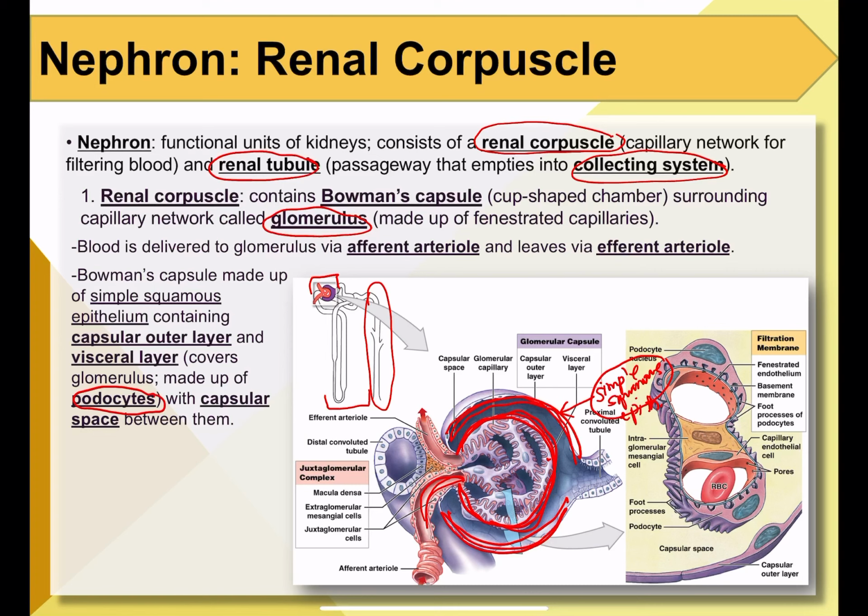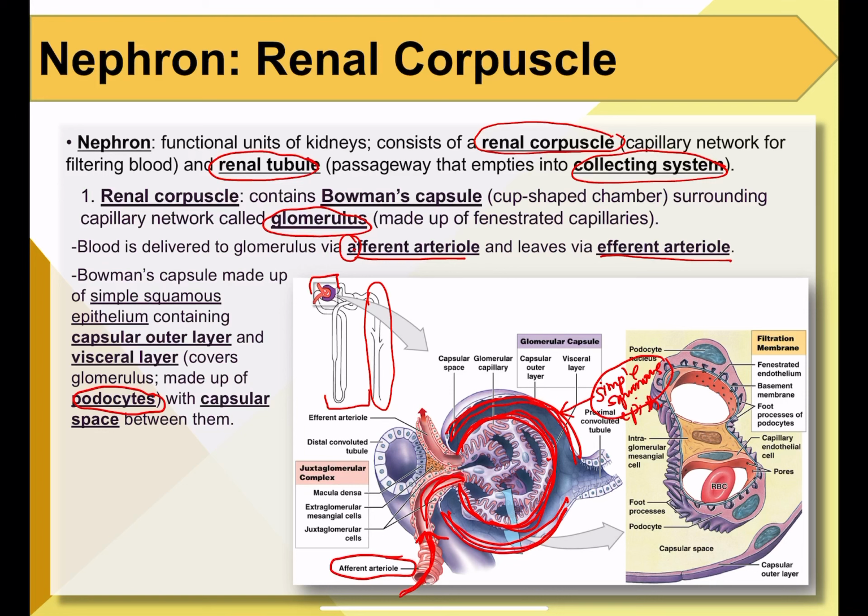So the other two things I want to mention are your afferent arteriole and efferent arteriole. Remember I said this is part of that circulation within your glomerulus area. So afferent, remember A for arrival. The arrival actually comes from here. Blood arrives to your kidney through the afferent arteriole.